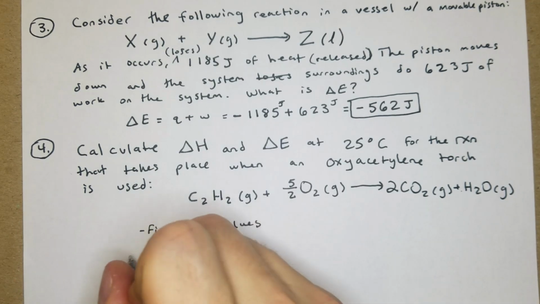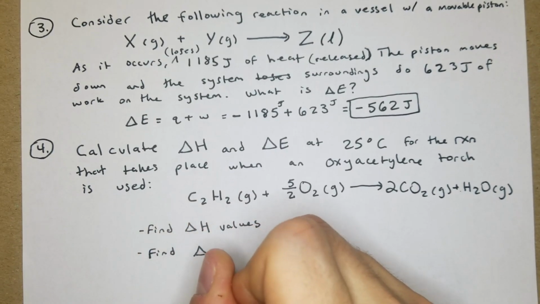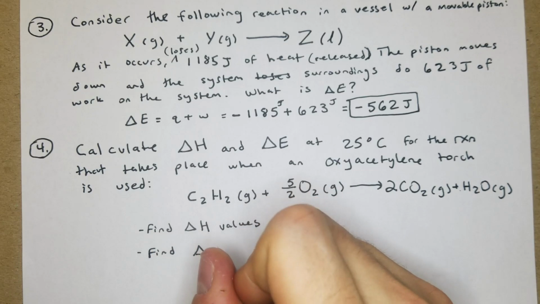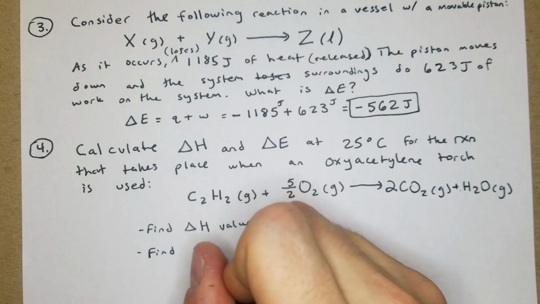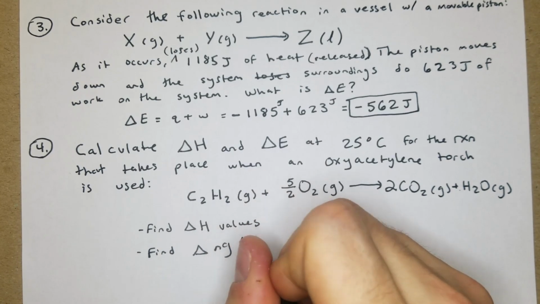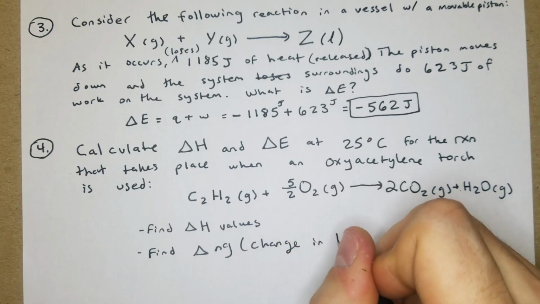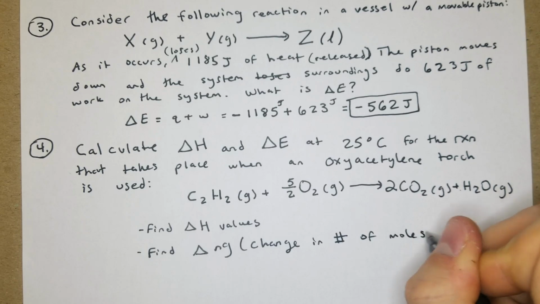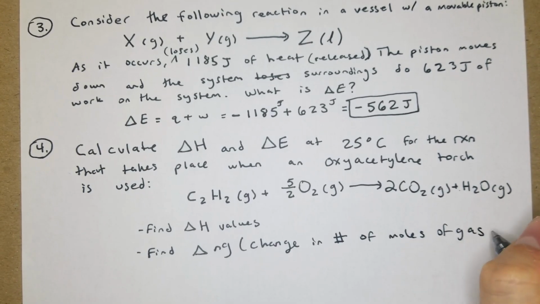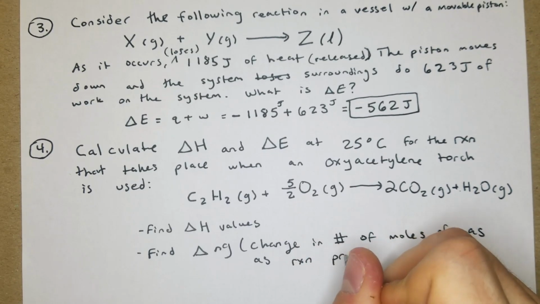The next step is to find the delta n of gas, so we're looking for the change in number of moles of gas as the reaction proceeds.